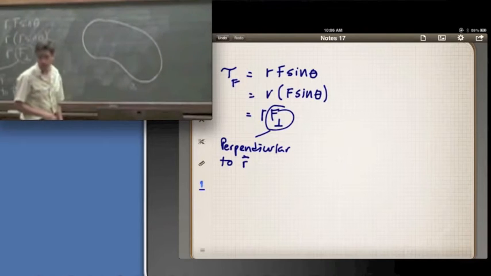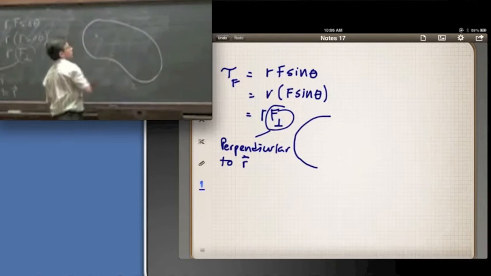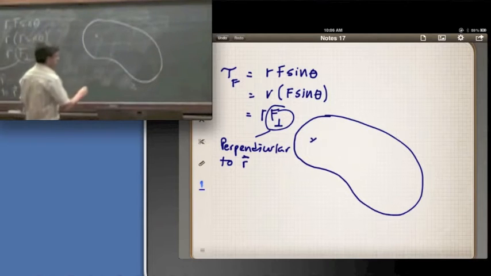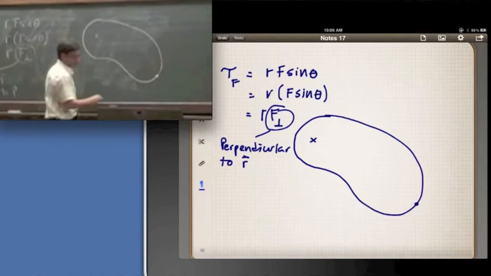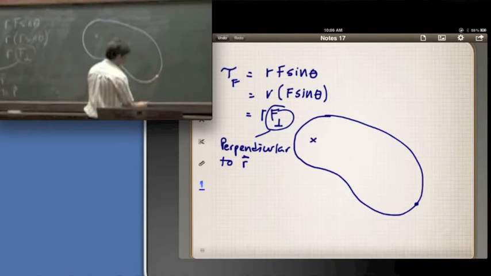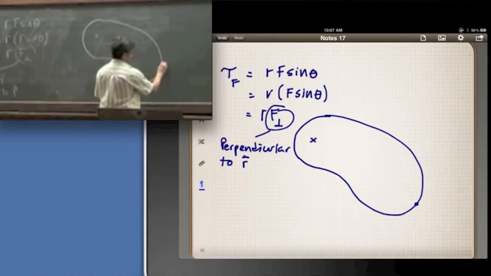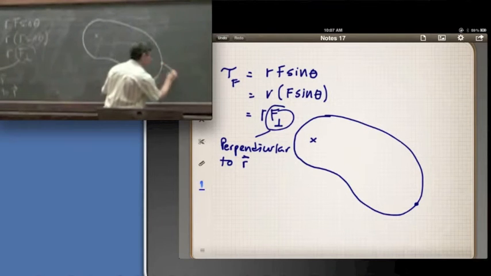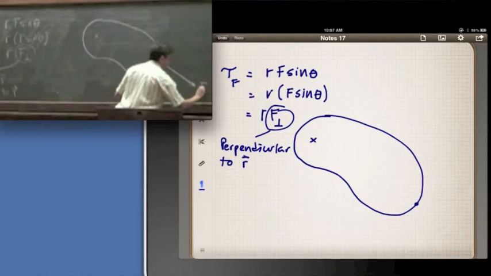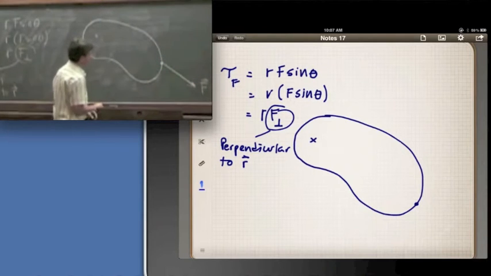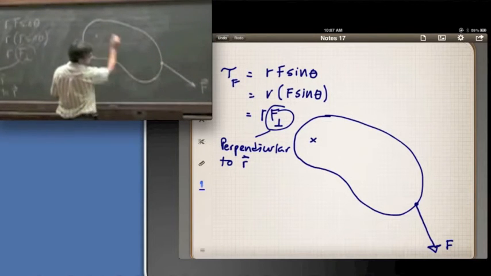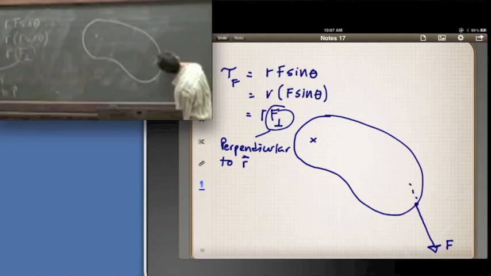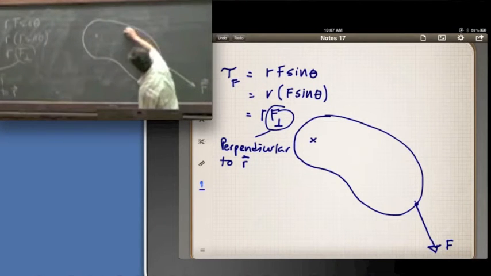So if this is the object that you're talking about, this is the axis of rotation, and the force that you apply is here, applied at that point. Let's say that the force, a little higher, say that you apply a force that way. I'm going to draw a line along the direction in which F is acting. Try to do it as straight as possible here.